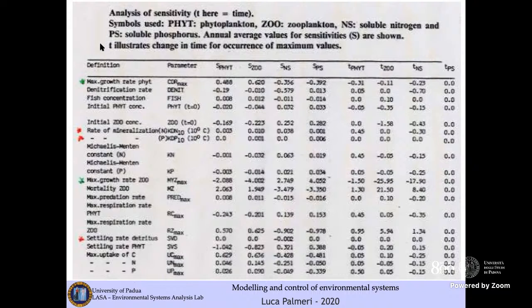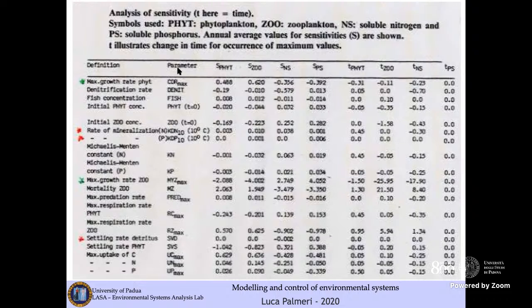For example, these are the various parameters: max growth rate of phytoplankton, the nitrification rate, initial zooplankton concentration, rate of mineralization. So these are all parameters that describe ecological processes that I chose to include in my model. The parameter has a definition, which is this one.